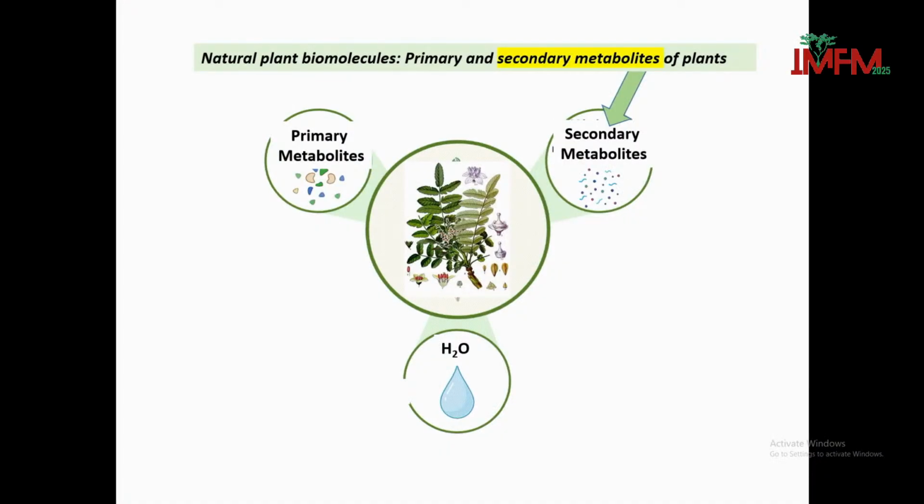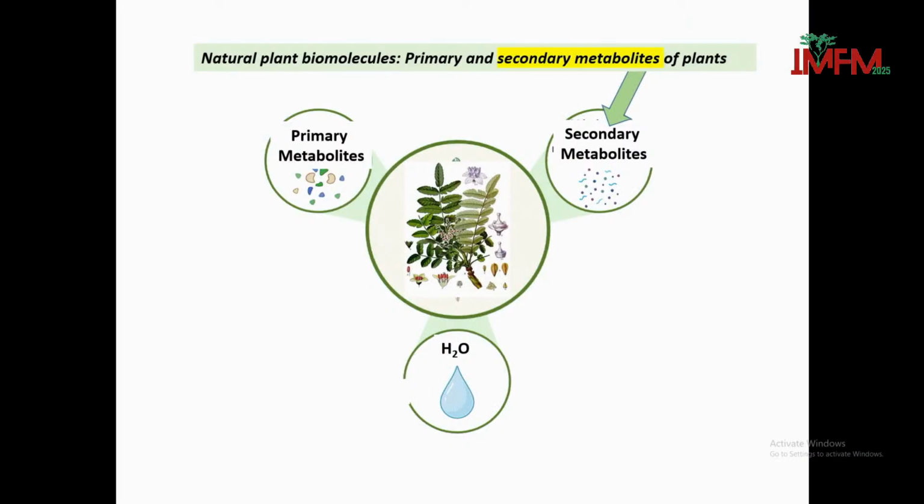As you know, in natural plants, natural biomolecules might be primary and secondary metabolites. Primary metabolites are glycids and proteins, the principal metabolites. The secondary metabolites are our interest. This is part of looking for new biomolecules.